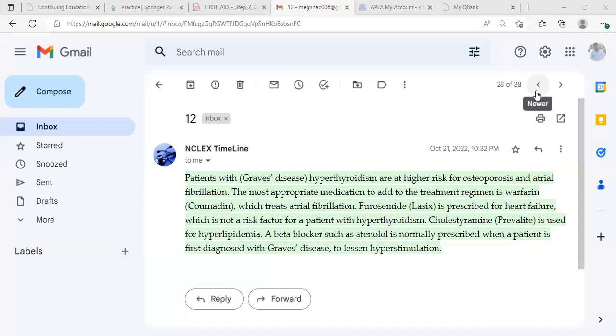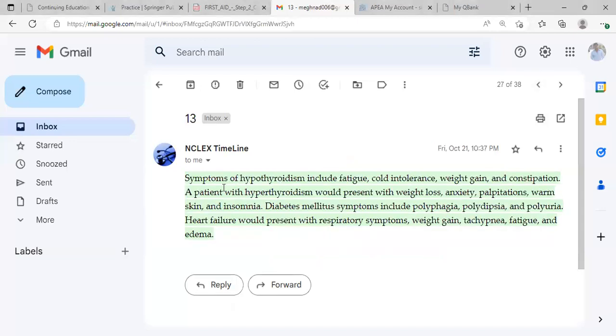What next? Next, the symptoms of hypothyroidism. What are the symptoms of hypothyroidism? They include fatigue, cold intolerance, weight gain, and constipation. How do I remember?